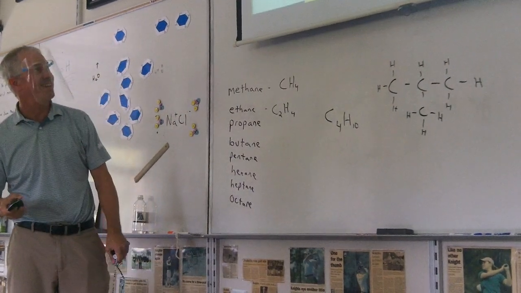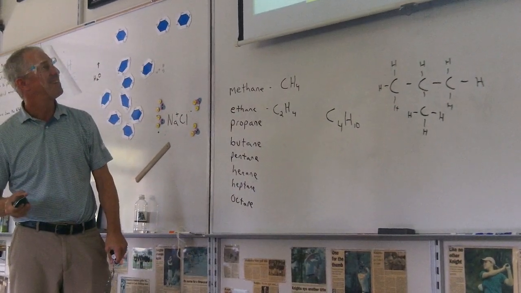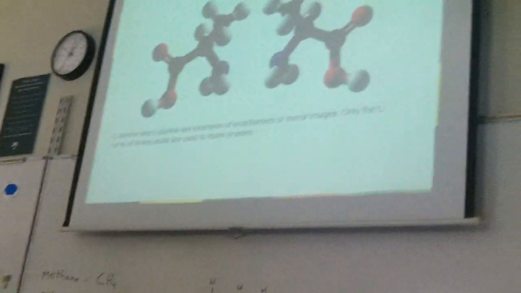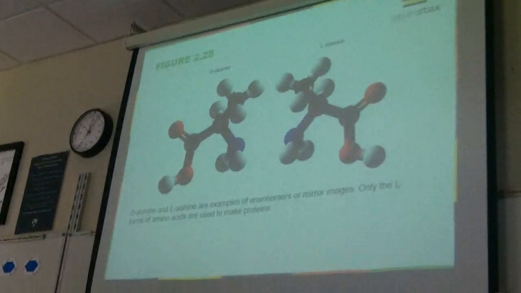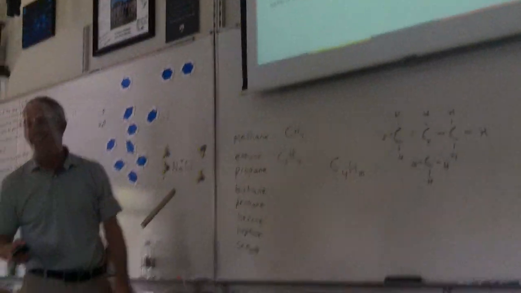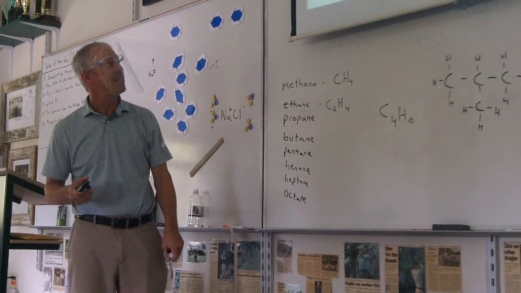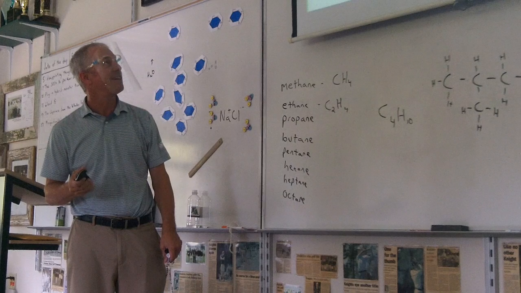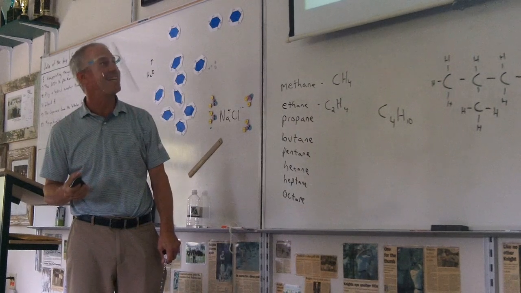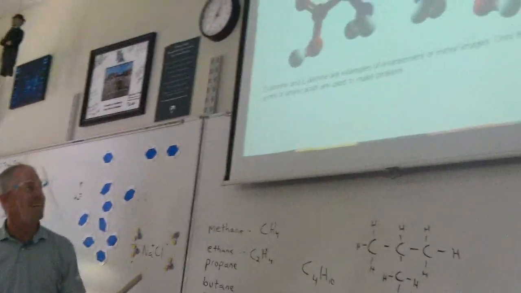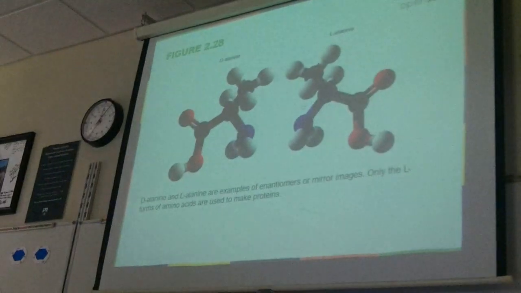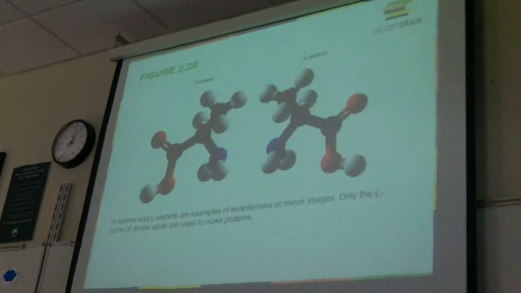I think they look like little dogs. You can name your dog Alanine. Here, Alanine. You know, because it looks like it. You see? Unless he's facing this way. You can name him D-alanine or L-alanine, depending on which way he's facing when you buy him.